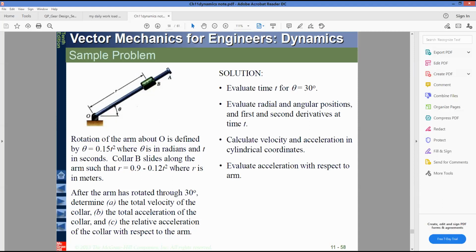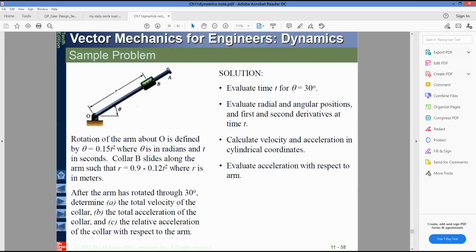The question is: after the arm has rotated through 30 degrees, determine A, the total velocity of the collar, B, the total acceleration of the collar, and C, the relative acceleration of the collar.